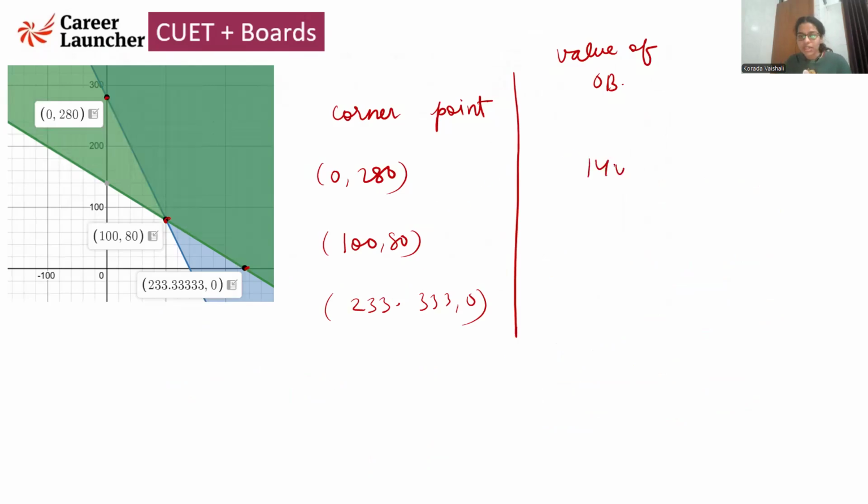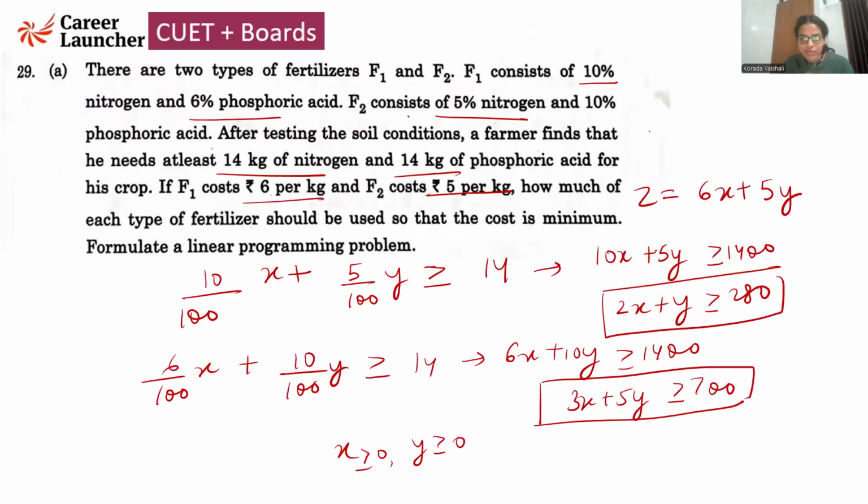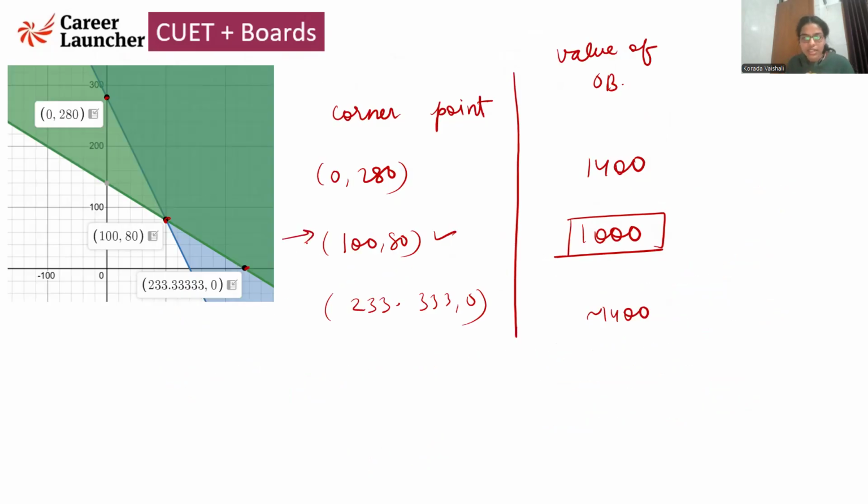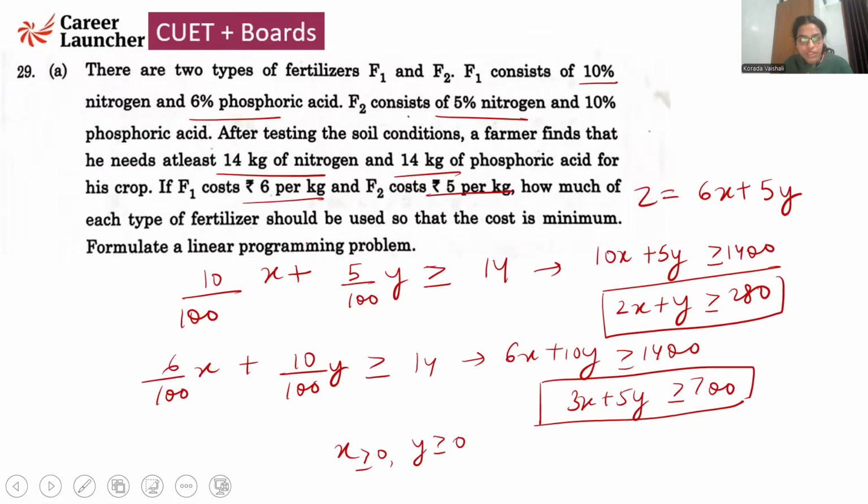I'm getting 1400 in the first case, then 1000 if I'm substituting 100 and 80. In the final one, I'm getting approximately 1400. So if we look at the value 1000, this is the minimum when compared to the other ones. Hence, at (100, 80), I'm getting a minimum of 1000. So this is the minimum cost as far as the question is concerned.